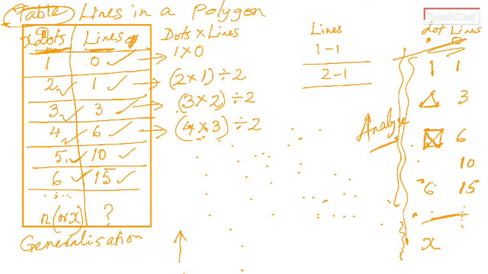Because if we can have this rule, it acts like a tool, a machine, which is going to give me the universal answer to everything, all the numbers, all fathomable, imaginable numbers, infinite numbers. That is what generalization is. It's a very powerful tool.